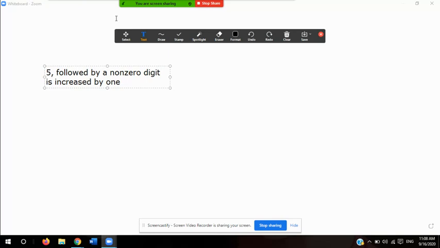And that means that if I have something like this, for example, 2.7851, because the 5 is followed by a non-zero digit, in this case the 1.